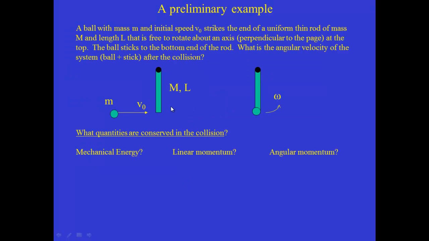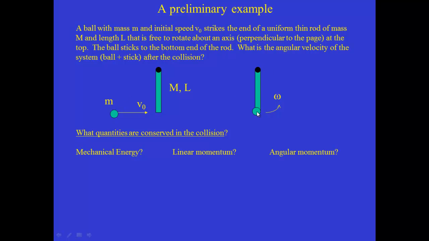Now, let me give an example. Here's an example where there's a hanging rod. It's a uniform thin rod hanging from a hinge in the vertical position, and there's a ball of mass m and initial velocity v0 that hits the end of the rod and sticks to it. And of course, it's pretty obvious what's going to happen after that ball sticks to the rod.